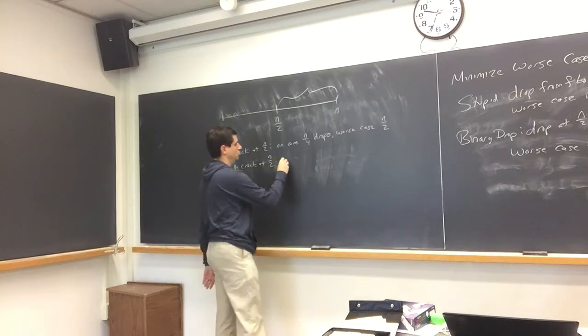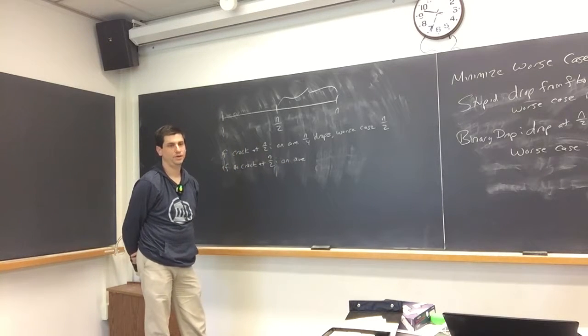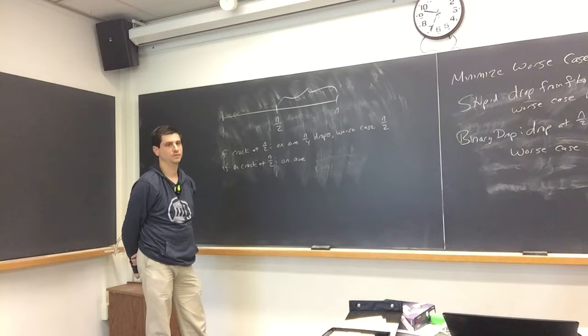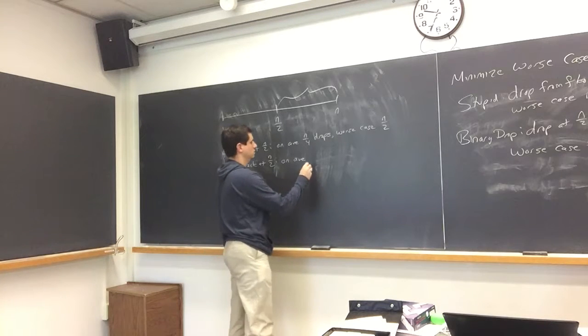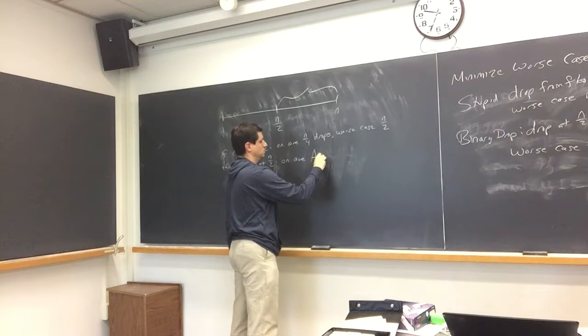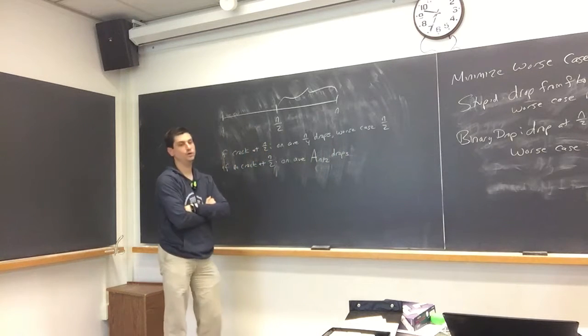So on average, I think this is where we want to set up a recursion. It's like f of n equals... What if we do something like this? On average, it'll take A of n over 2 drops.